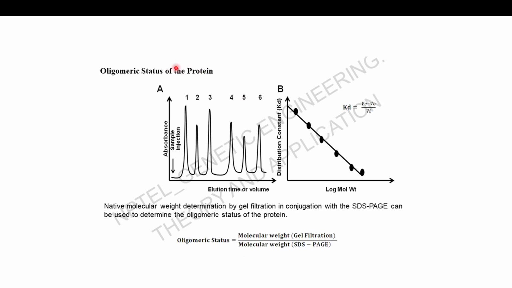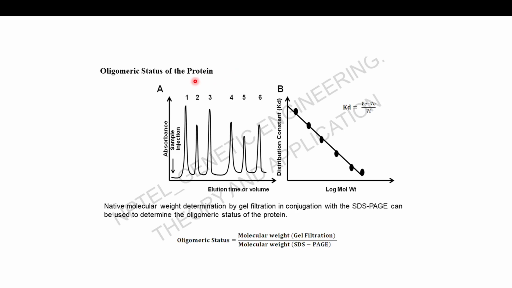Then we can determine the oligomeric status of the protein, because here you will get certain peaks. But on SDS-PAGE, because it is a denaturing gel, you add a reducing agent like BME, beta-mercaptoethanol, or DTT, or you add detergent, which will hamper the inter-subunit interactions in a protein.